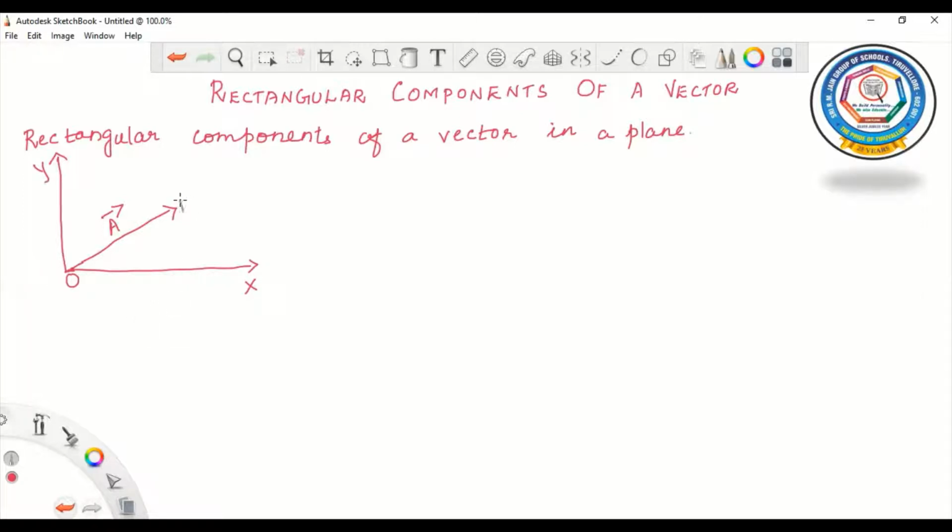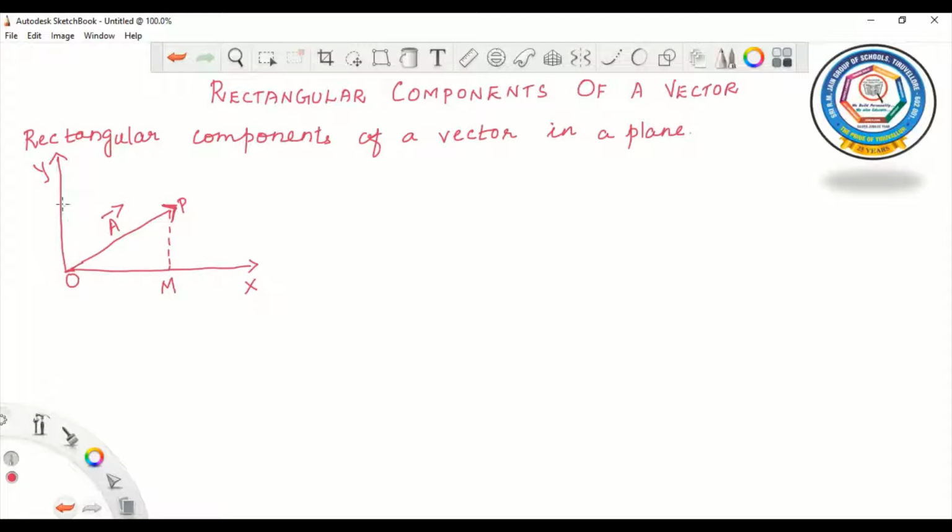So let us consider this point will be the head of this vector, which is taken as P here. From the head P of this vector, we are going to draw PM, which is perpendicular to this x-axis.